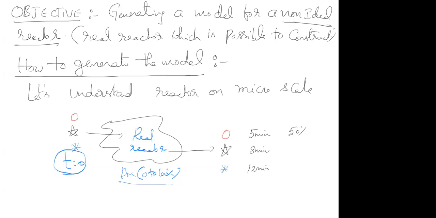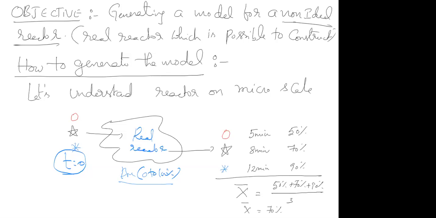The one which comes at 8 minutes will have 70% conversion. The one which comes at 12 minutes will have 90% conversion. So what is the conversion that you will see? The average is (50 plus 70 plus 90) divided by 3, which is roughly 70%.